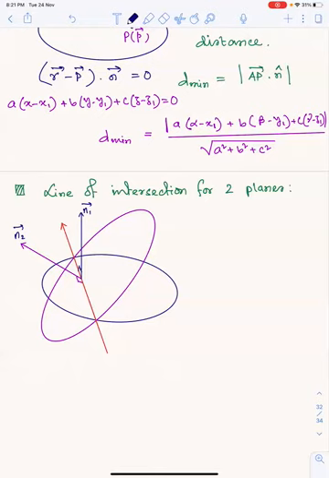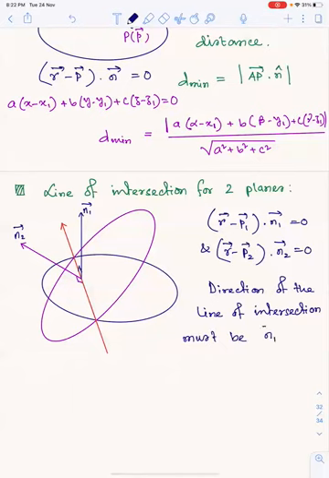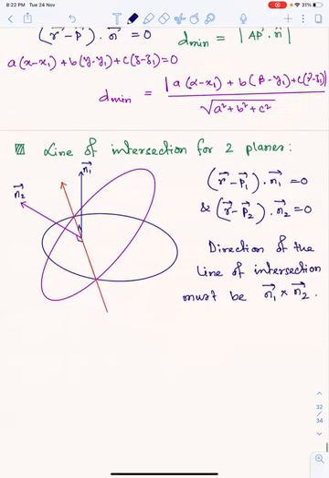So the direction of the red line, which is perpendicular to both outward normal vectors n1 and n2, if I consider my planes as r minus p1 dot n1 equals 0 and r minus p2 dot n2 equals 0, then the direction of the line of intersection, that is the common line of both the planes, must be n1 cross n2. Any problem up to that?